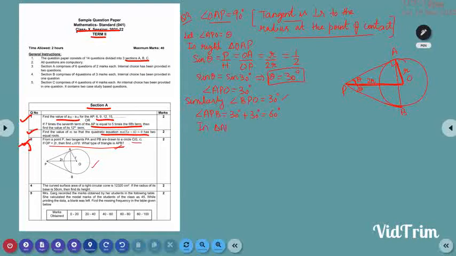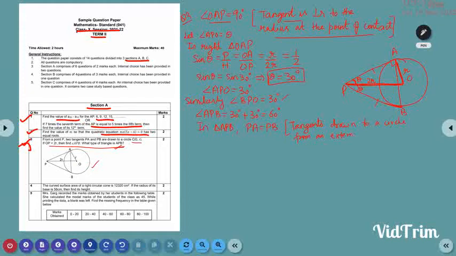Because there is a property, tangents drawn to a circle from an external point are equal. So here P is the external point. Therefore, PA and PB, these two tangents will be equal.